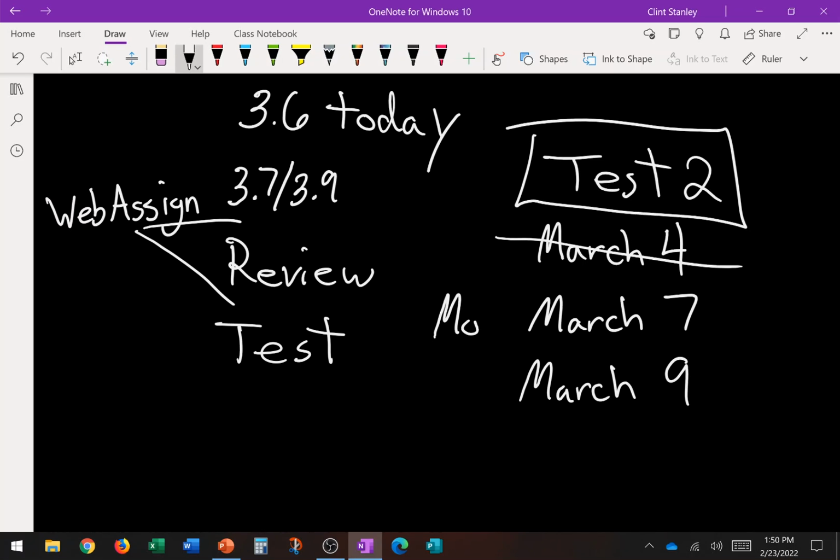This is a Monday. This is a Wednesday. If anybody needs a little piece of paper, I'll be glad to give you some of my yellow paper. No, you don't have to put a name. That's a secret ballot. As long as you don't put your name, it's still secret.